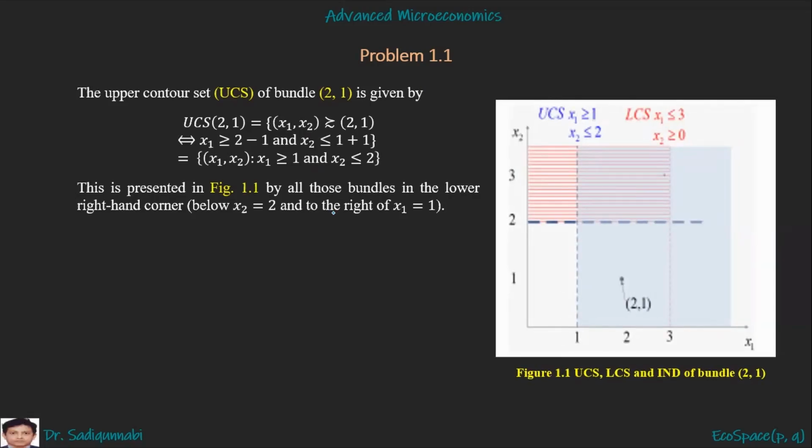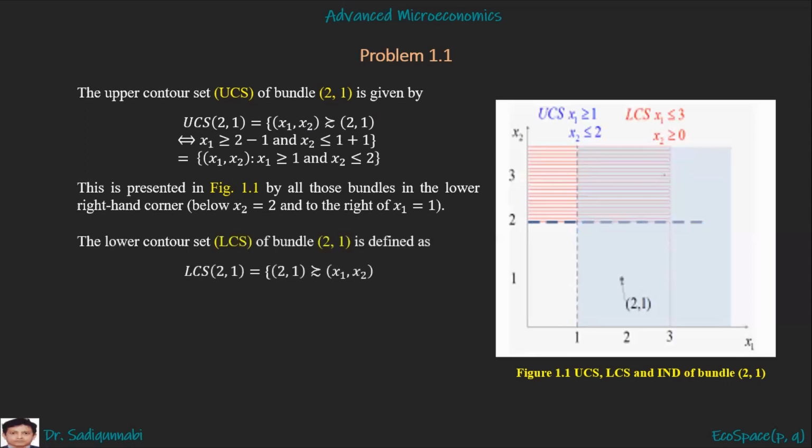The upper contour set is all bundles in the area bounded by x2 equal to 2 and x1 equal to 1. That means the area below the horizontal dashed line and to the right of the vertical blue dashed line.